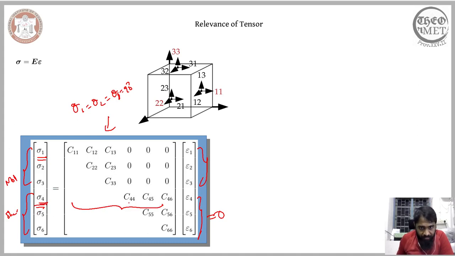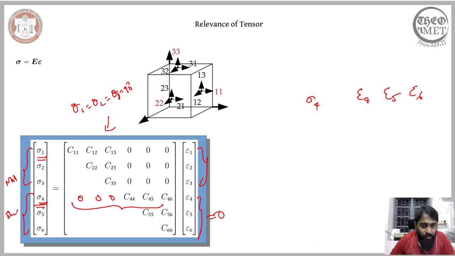All these terms are 0. So all I have to do is mirror this portion of my matrix here. So all these columns are 0. What I see is my shear stress is causing a shear strain. My shear stress is causing shear strain epsilon 4, epsilon 5 and epsilon 6.